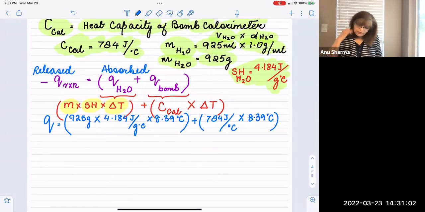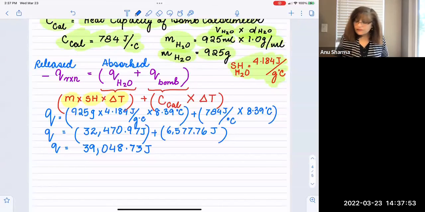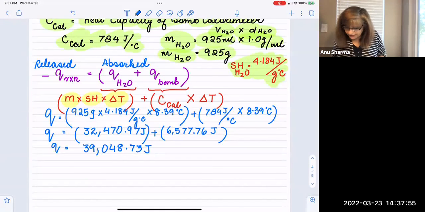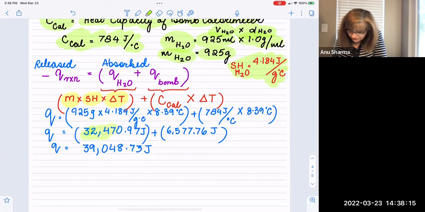So here, let's do these calculations. Okay, so when you take the mass of water, 925 grams, times the specific heat of water, 4.184 joules per gram degree Celsius, times the change in temperature, 8.39 degrees Celsius, you multiply all three and you get 32,470.97 joules, okay?